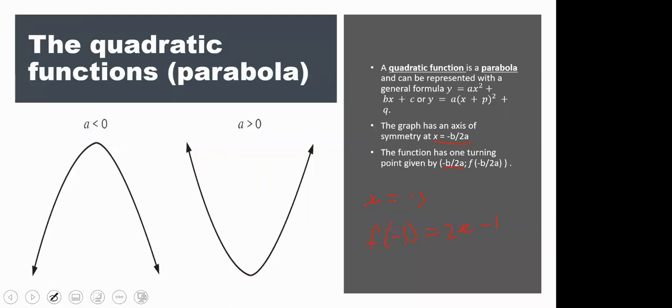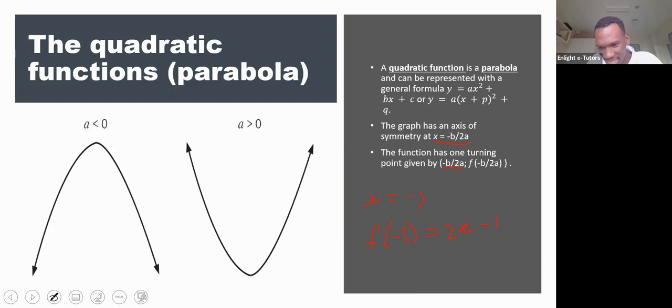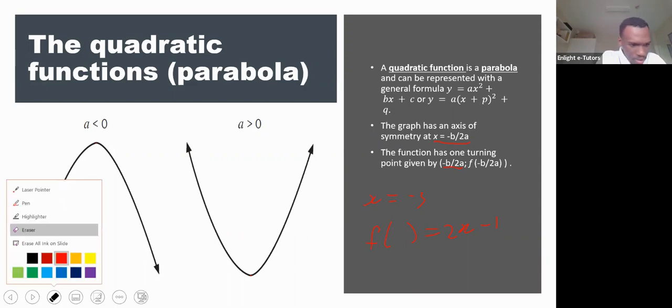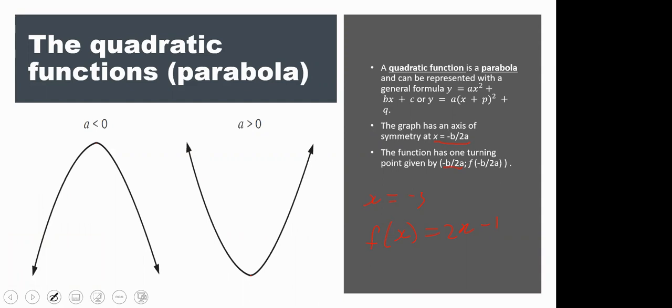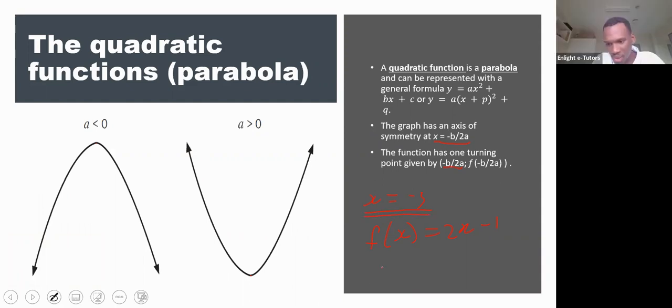It means wherever there is x, let me just erase this. If they already told me that x must equal negative 3, then f at negative 3 is equal to 2 into negative 3 minus 1.